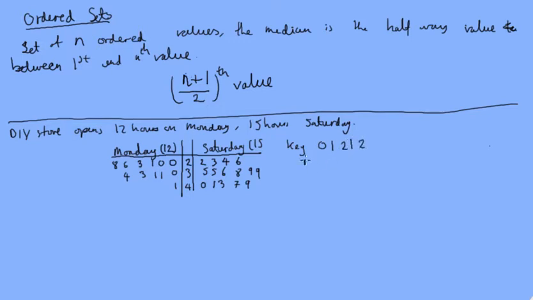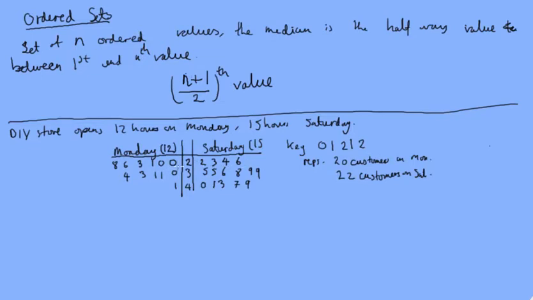So then the key here, if you have 0, then the 2 and the 2 represents 20 customers on Monday and 22 customers on Saturday. Now what this doesn't tell us is what hour.